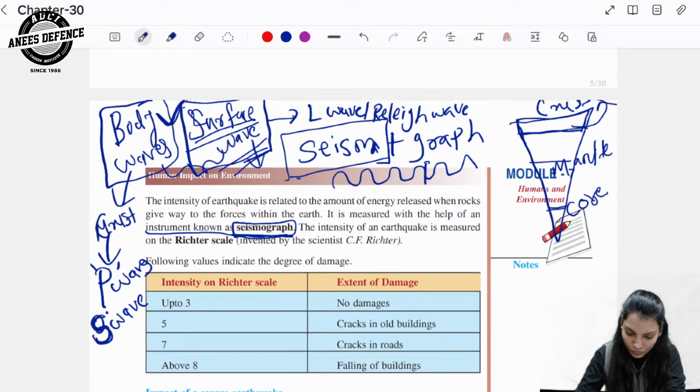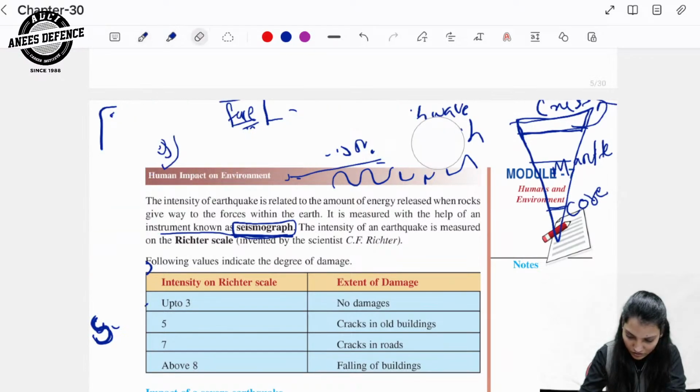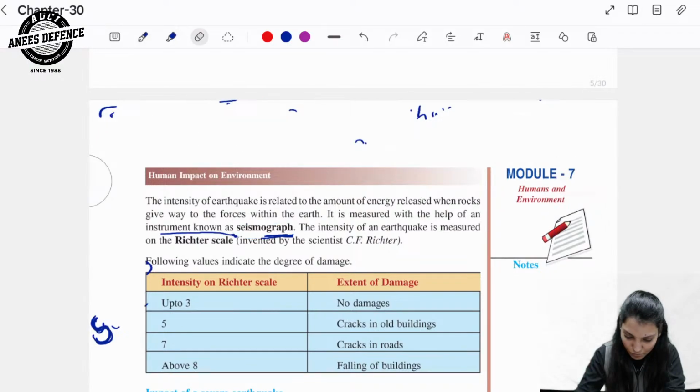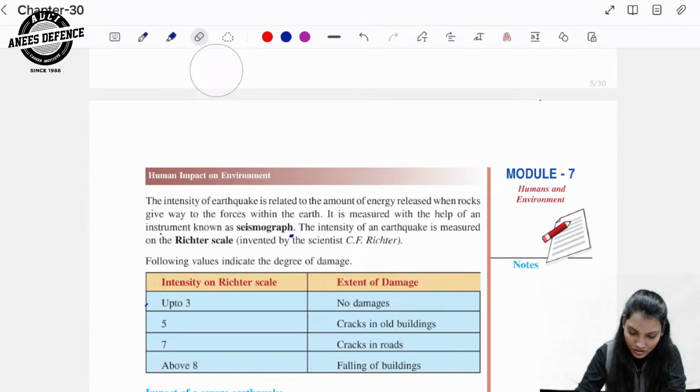Now we'll look at the earthquake. These are the types of seismic waves. Now, what is the instrument to measure the earthquake? Seismograph. There are scales by which we can measure the earthquake.